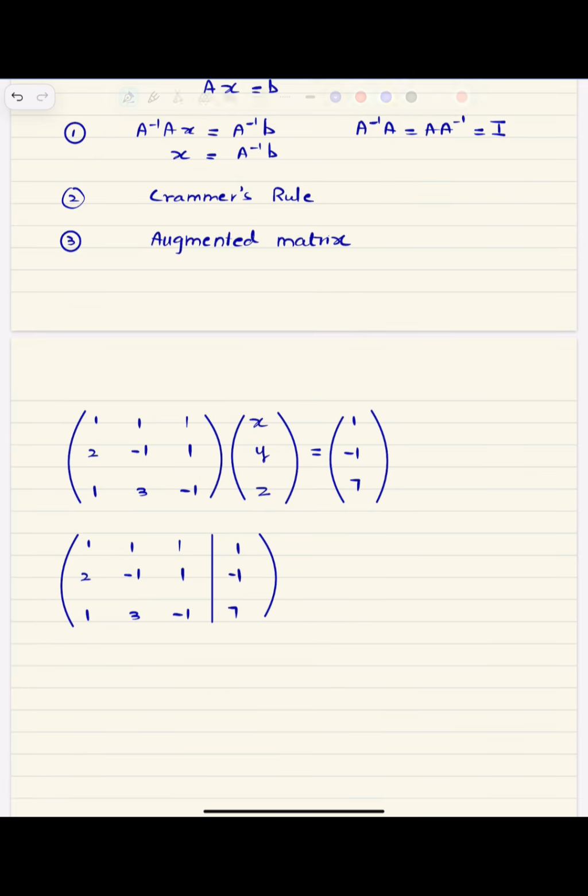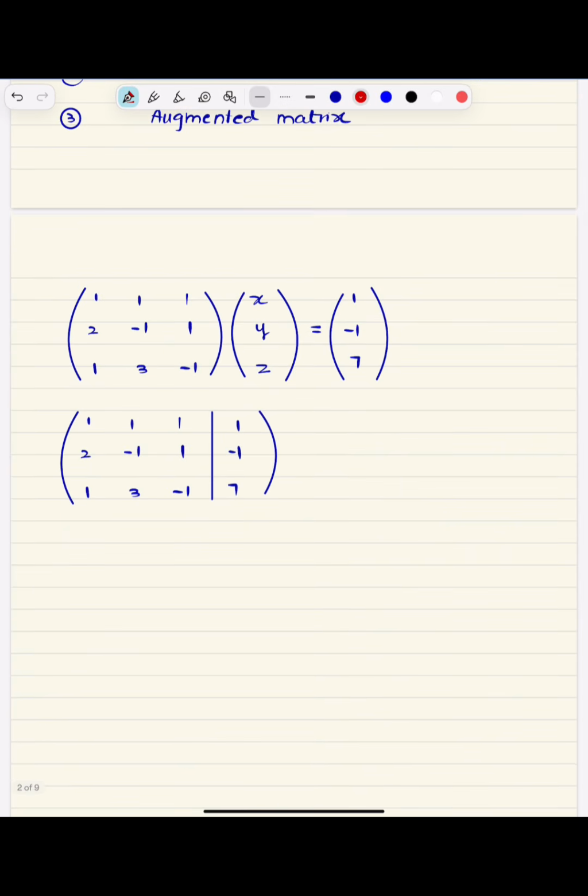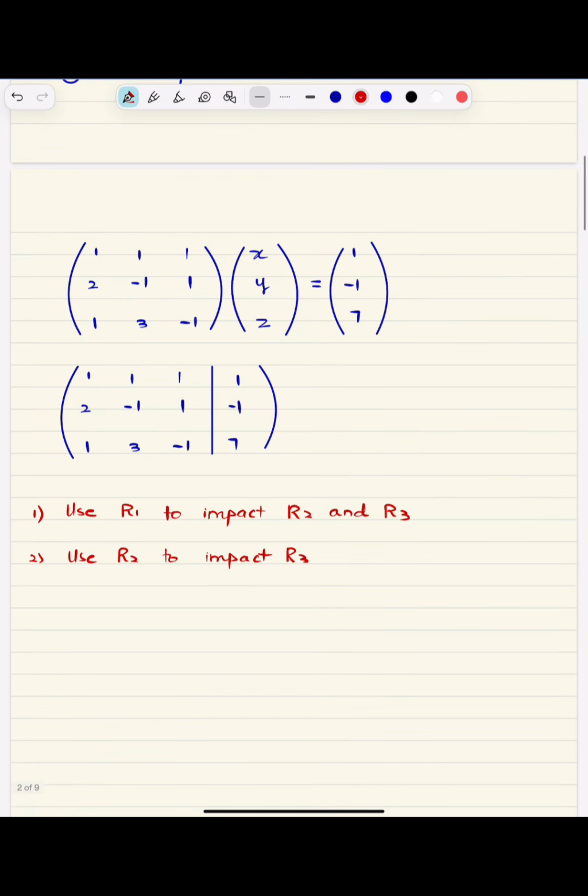So remember, the trick is that you want to use row 1 to impact row 2 and row 3. So this is going to be your step 1 always. Then you want to use row 2 to impact row 3. And then now we're going to make our way upwards.